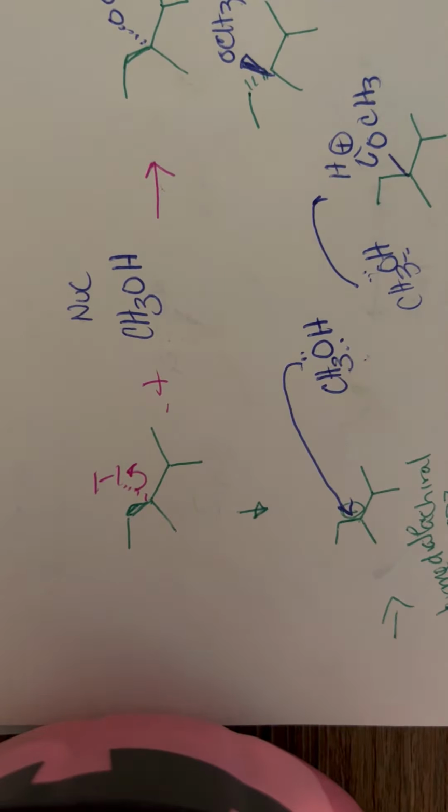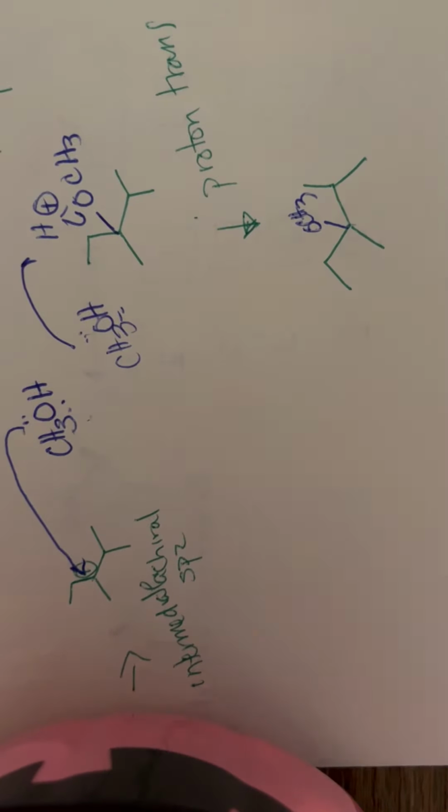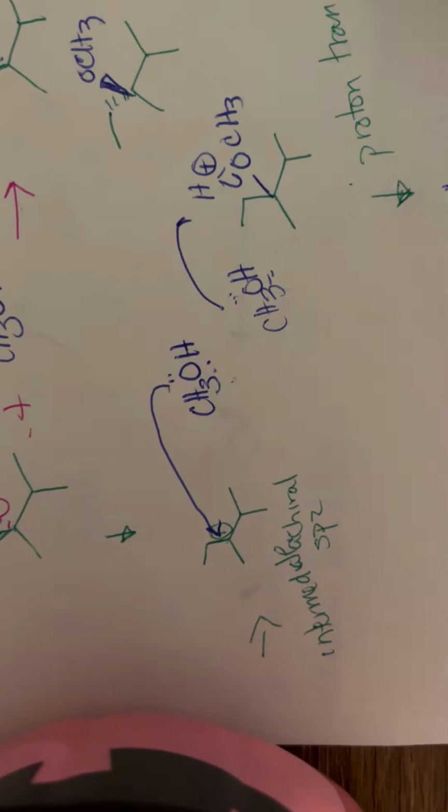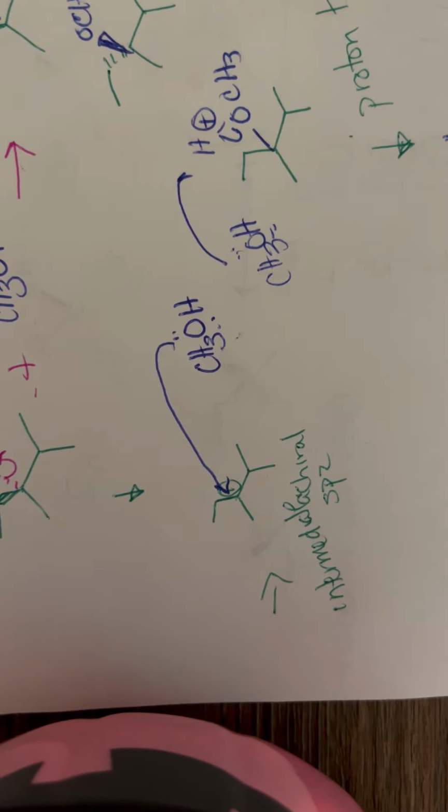We'll talk a lot more about SN1 next class. Ultimately, the products are going to be very similar to SN2. The only difference is because I have this achiral intermediate, I will not form an enantiomerically pure product.